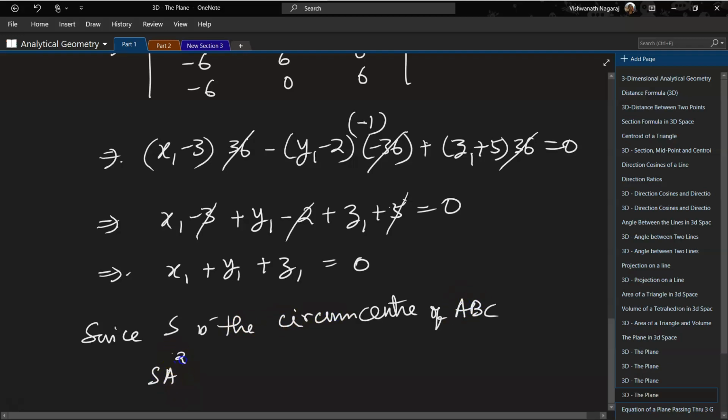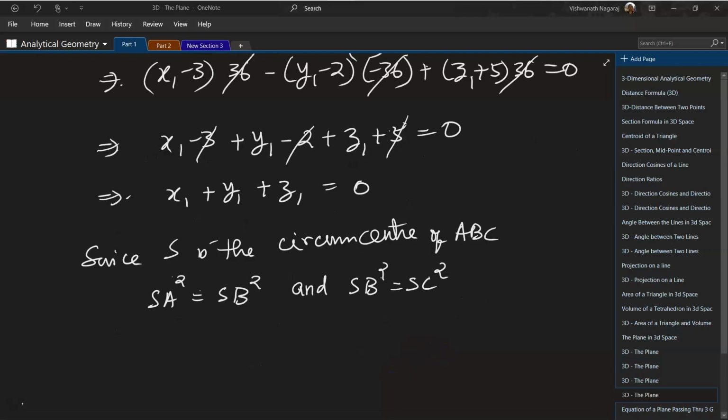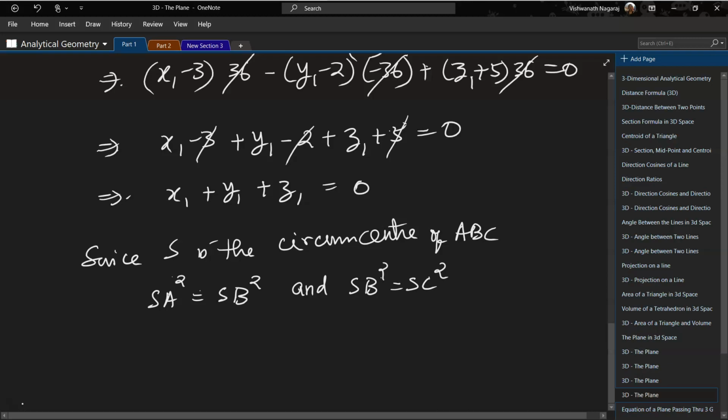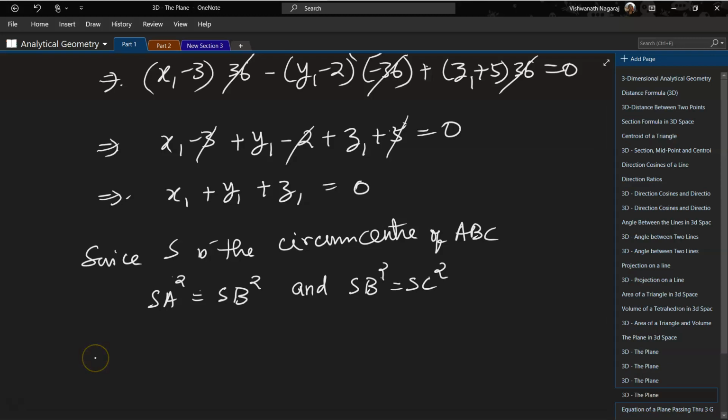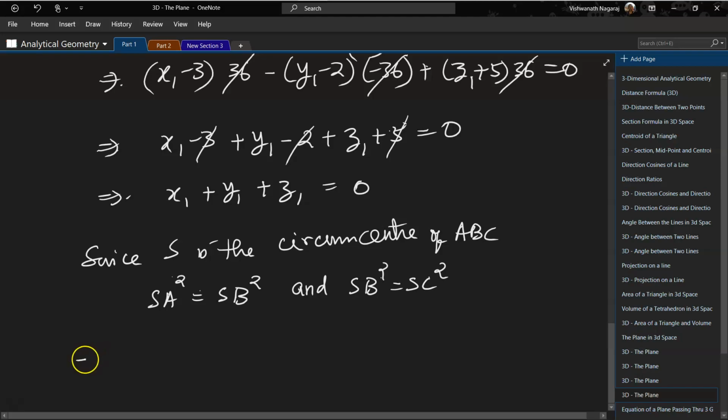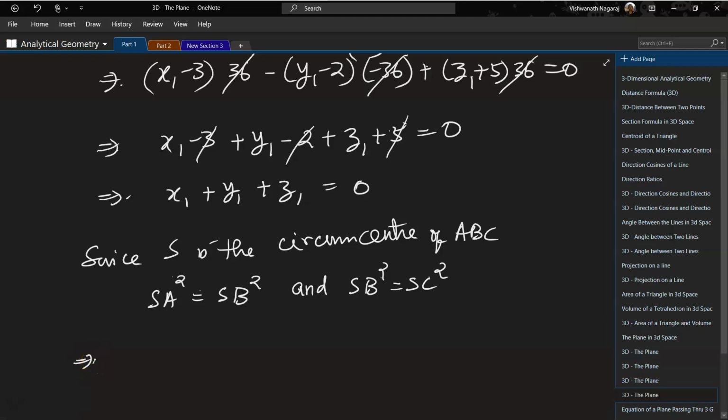SA square is equal to SB square and SB square is equal to SC square. So to be able to solve these types of problems, you need to know your high school geometry, various figures and properties. Which implies we have S, A, B, C in terms of coordinates.